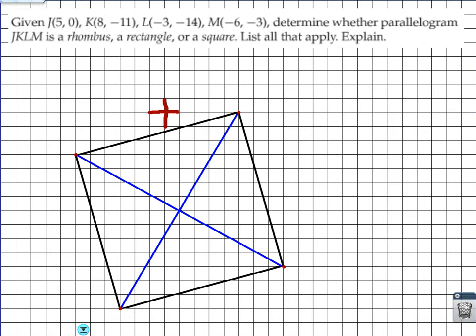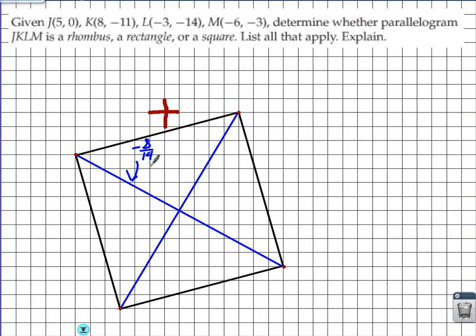So let's find slopes. We have 1, 2, 3, 4, 5, 6, 7, 8, 9. Is that right? 1, 2, 3, 4, 5, 6, 7, 8, 9, 10, 11, 12, 13, 14. And instead of 9, let's go back to 8. Negative 8 over 14.